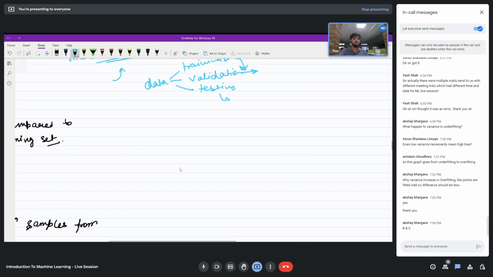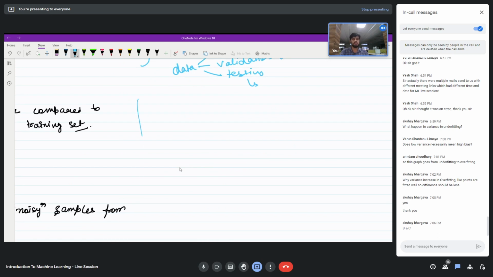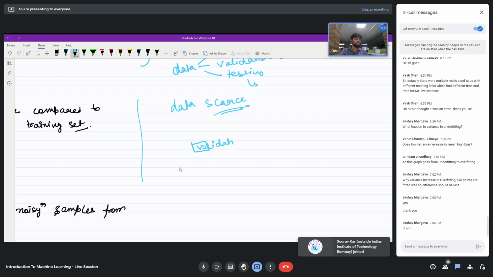Another thing that is important here is that sometimes data is scarce. You don't have a lot of data points with you. So bifurcating a small portion as a validation set and keeping it apart and not using it for training is not a very good idea.